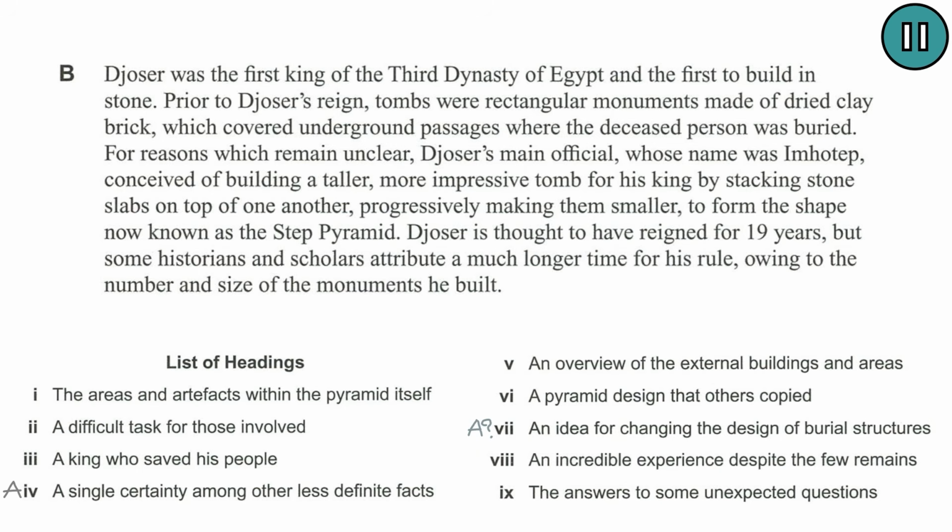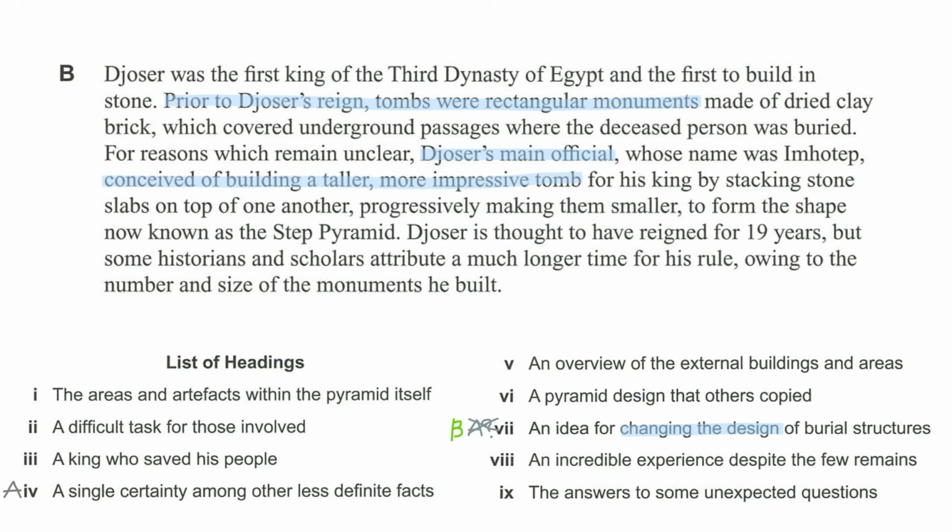Ready to continue? When I'm looking for my answer, I read all the options, even those I've already used to answer other questions, just to make sure that I haven't made a mistake in another question. I think number 7 is perfect here. In this paragraph, we really see the description of how Joseph's official decided to build a different structure, to change the design.